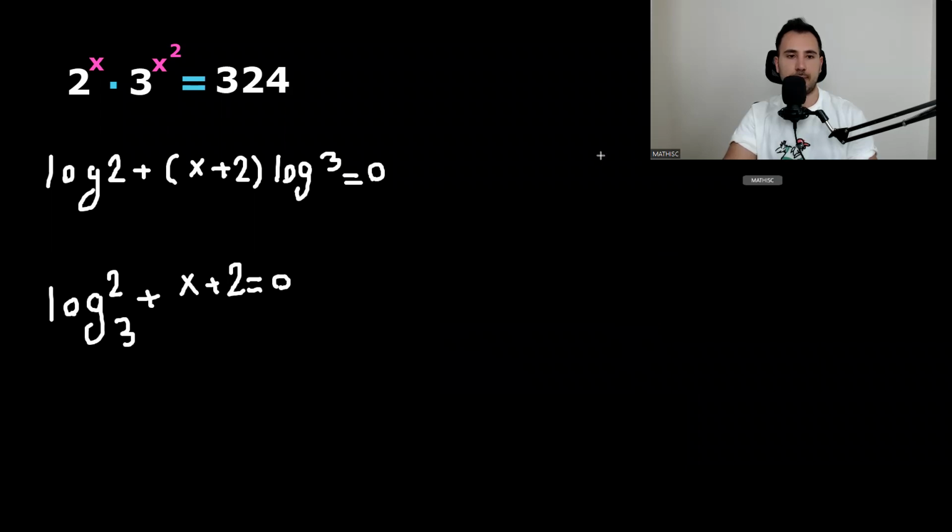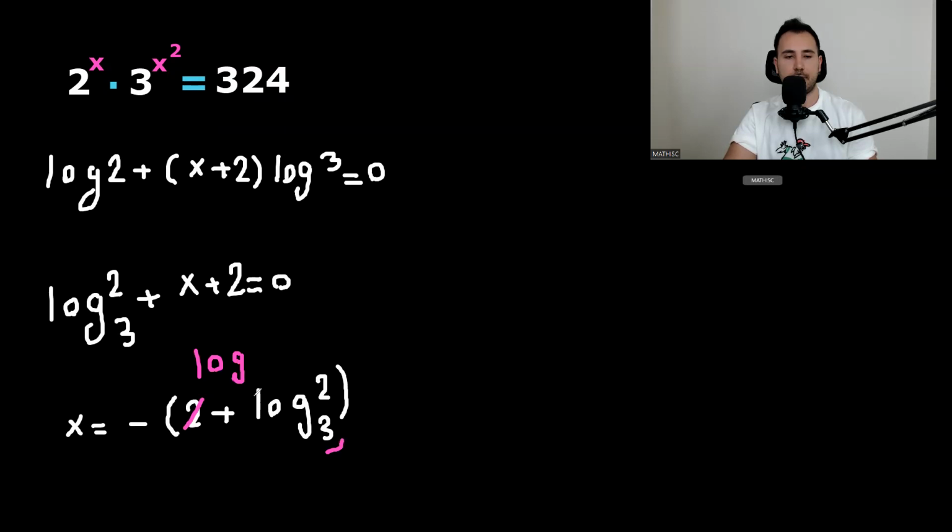So now, what is the value of x? x would be minus 2 plus log of this 3, 2. To make it a little simpler, instead of 2, I'm going to keep the base 3, and 3 to power of 2 will be 9.